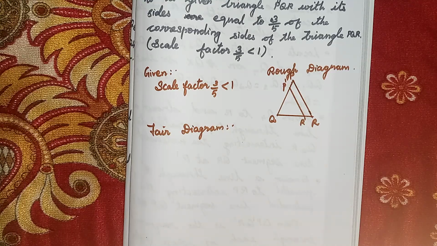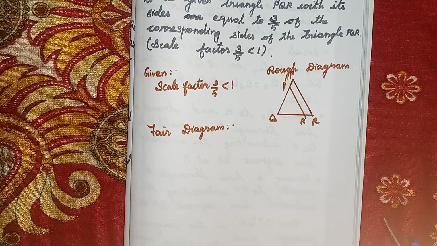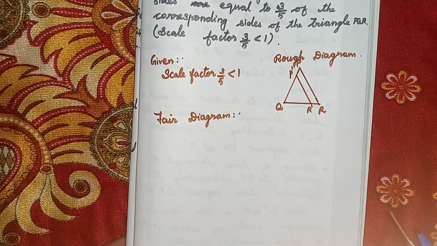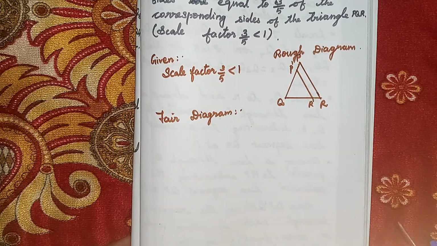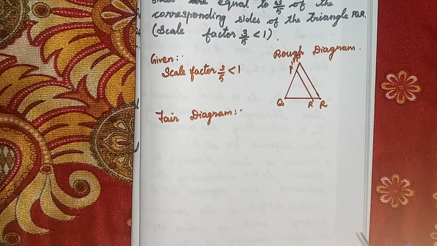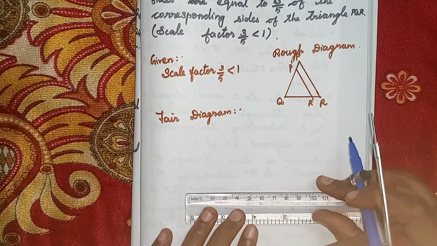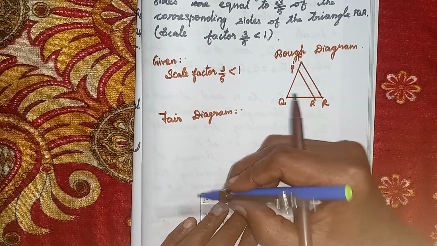I am constructing a triangle with side 5 centimeter. If you construct another triangle also, no problem. If every side is 5 centimeter, it looks beautiful. So I am taking side 5 centimeter.